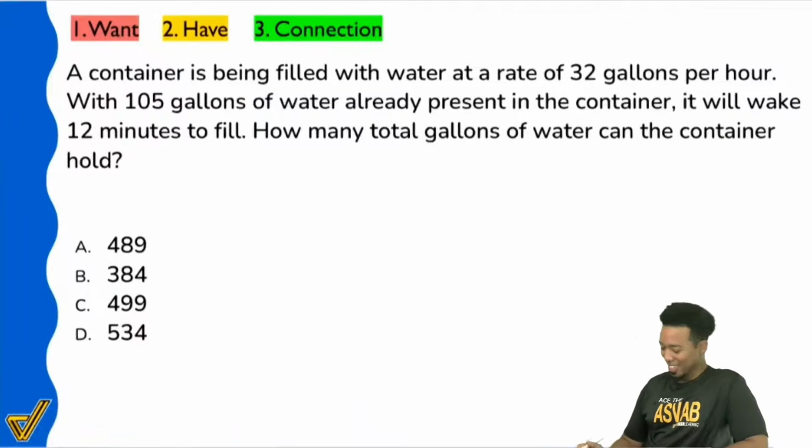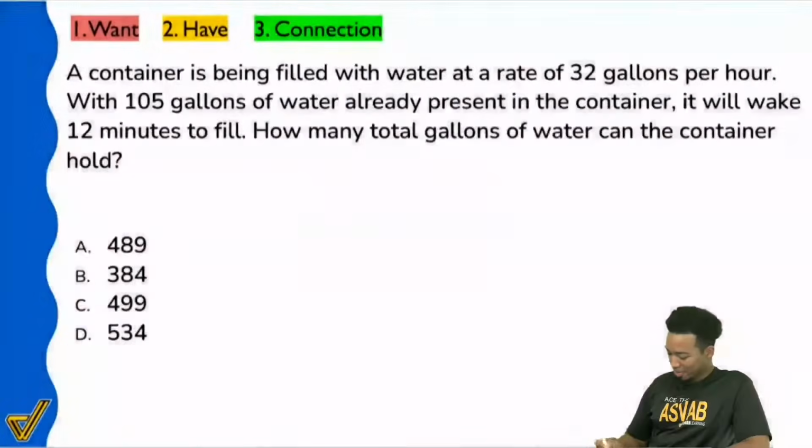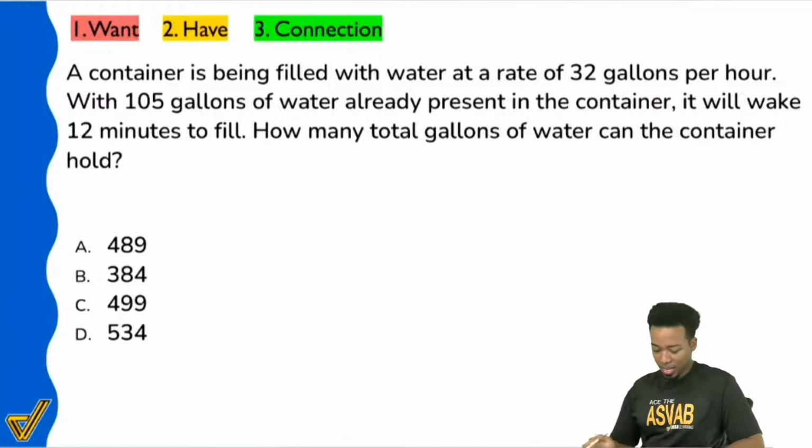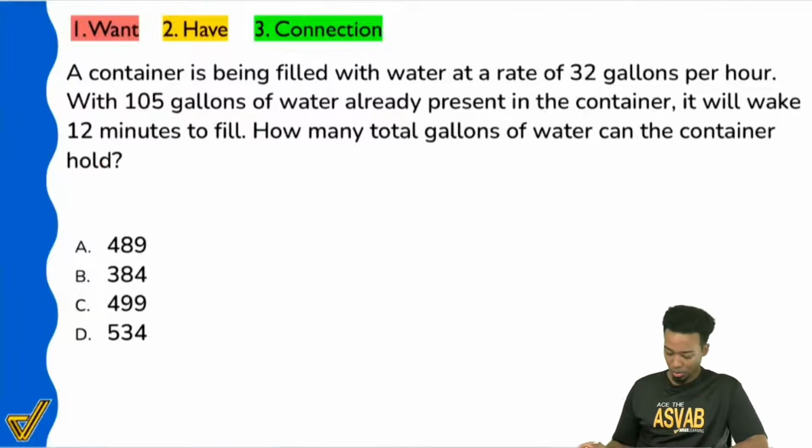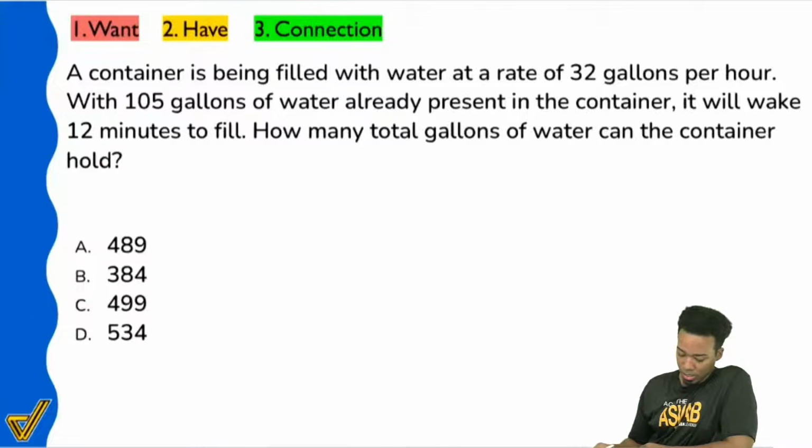I got you, Ryan. So let's go ahead right over here. Focus on the question: how many total gallons of water can the container hold? Okay. So if we're checking this out, let's write that down.